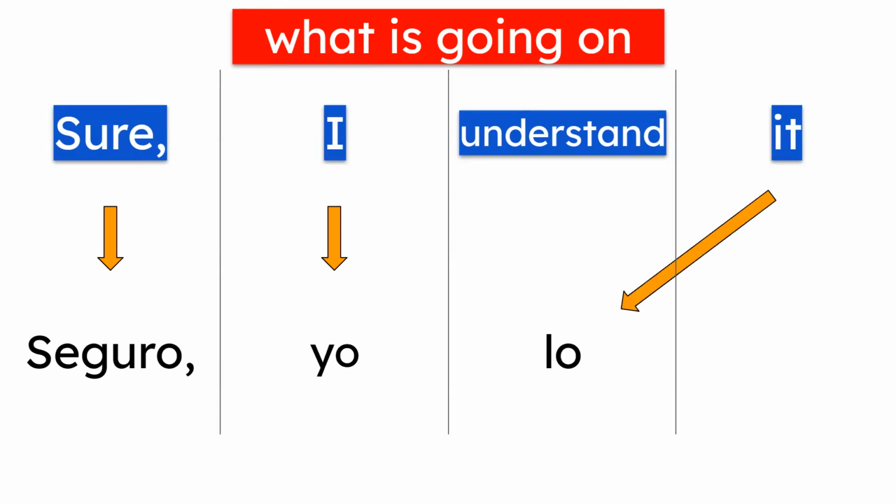Yo lo entiendo. Do you know it? Yeah, that's right. Yo lo entiendo. No need to explain anything. I understand it. Seguro. Yo lo entiendo. Correcto. Okay, come on, say it. Very good.